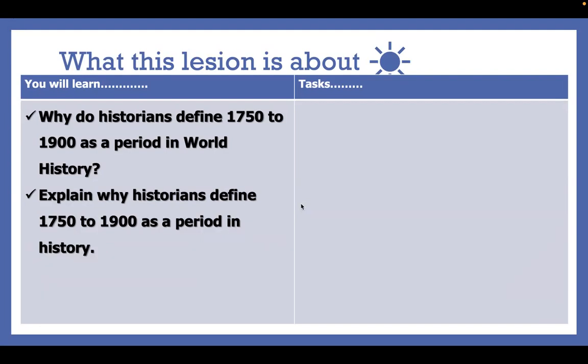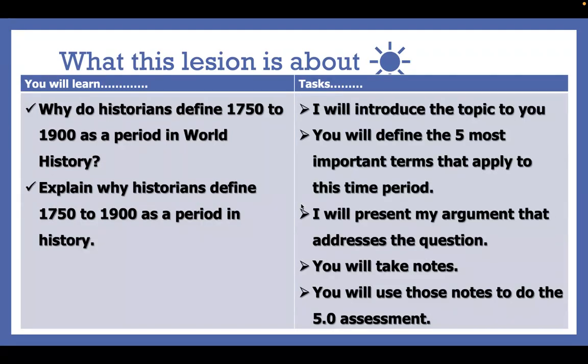worldwide. So the way this lesson's going to work is I'm going to take a couple minutes to introduce what we're talking about today, the skill known as periodization. Then I'm going to give you a task to do. I'm going to ask you to look up and define the 5 most important terms that apply to this time period.